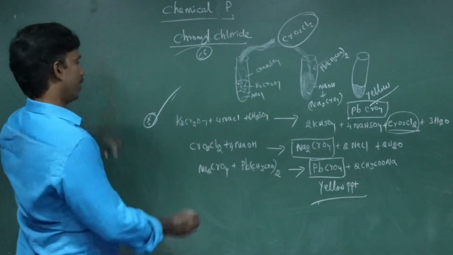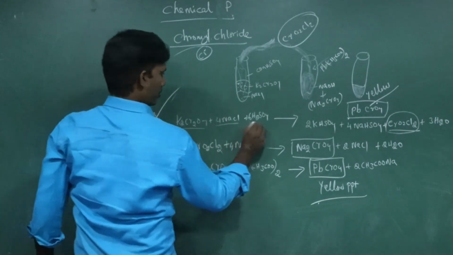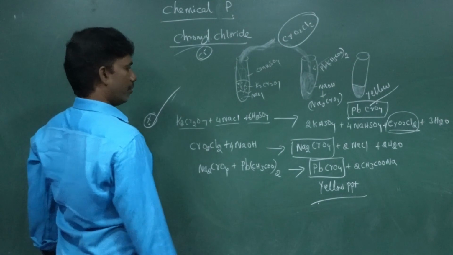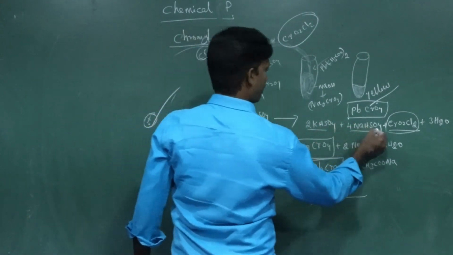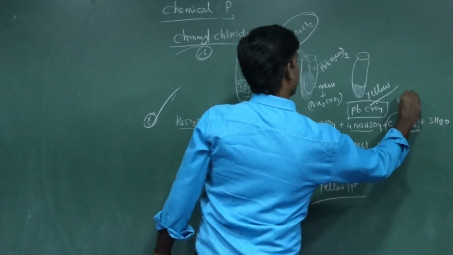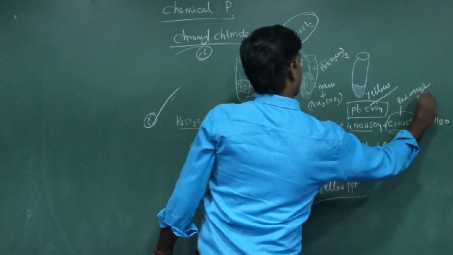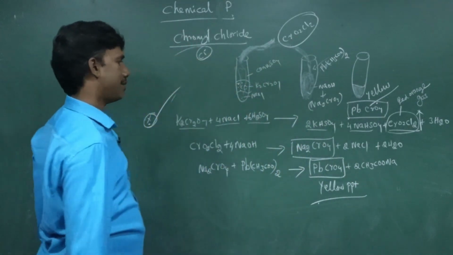So in the chemical reaction, when you add potassium dichromate to that chloride salt and pour a few drops of concentrated sulfuric acid, you may get potassium sulfate, sodium sulfate, potassium bisulfate, sodium bisulfate, and chromyl chloride. This is a red orange vapor, simply a red orange gas.